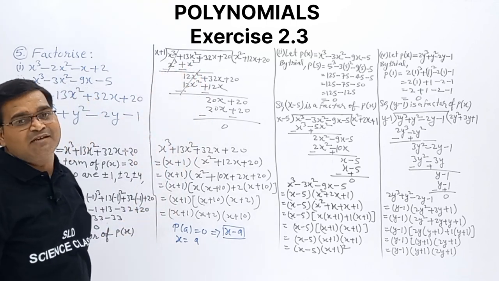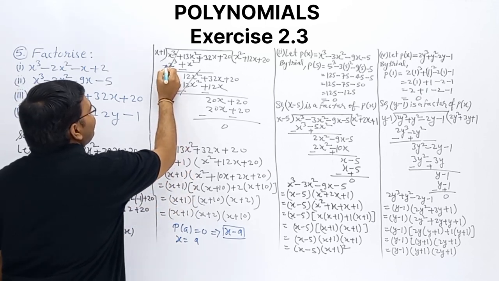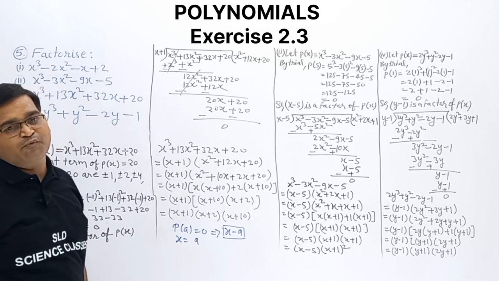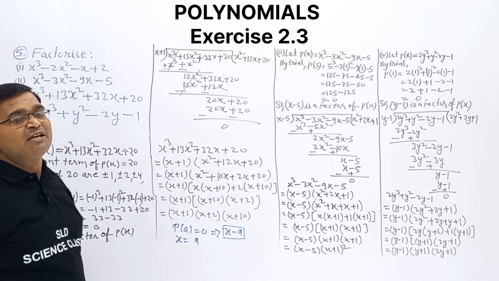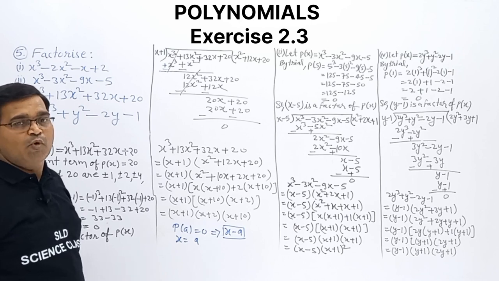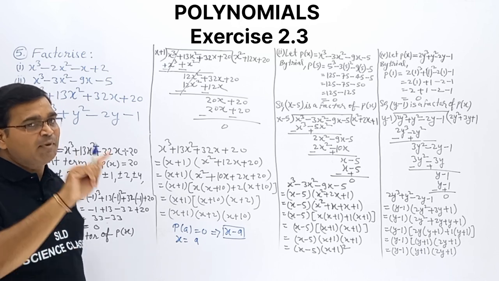Now we will subtract in the division. What do we do? We subtract. In subtraction, suppose we want to subtract 5 from 10. How will we subtract? 10 minus 5.